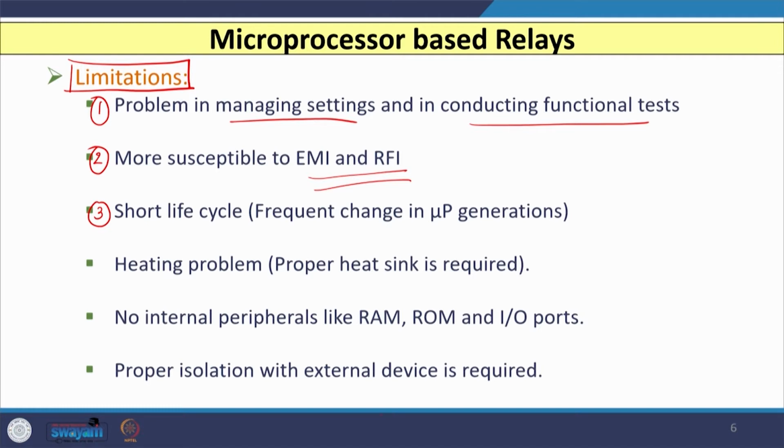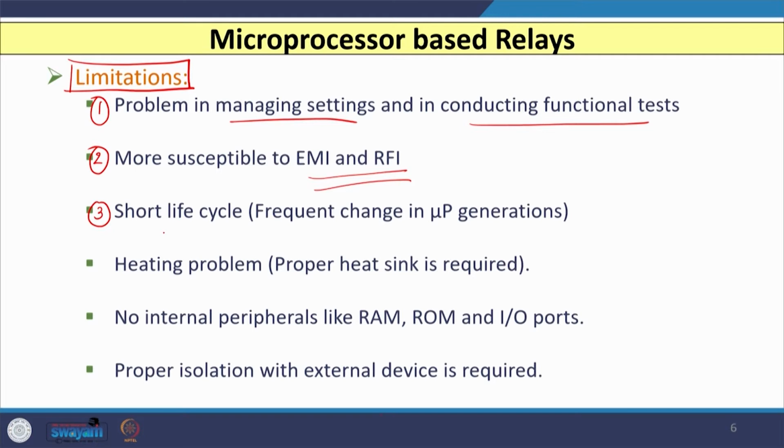The third limitation of microprocessor based relay is that this relay has a very short life cycle, because let us say we are using some operating system for our computers. We know that whenever the next operating system is available for the users, there is a significant change from one operating system to another, or from one generation to another generation.